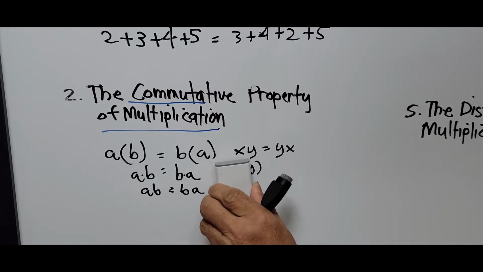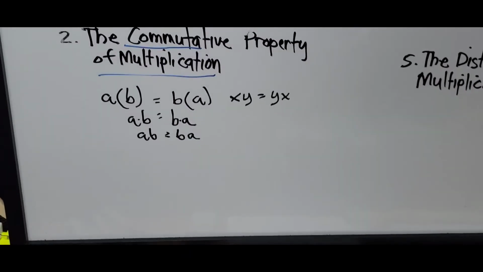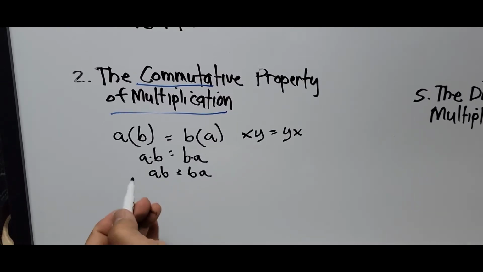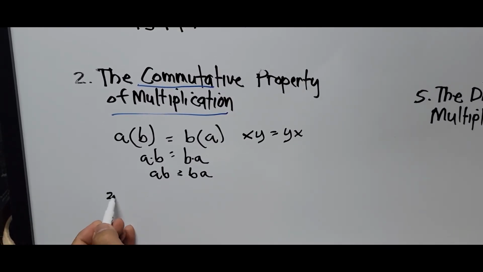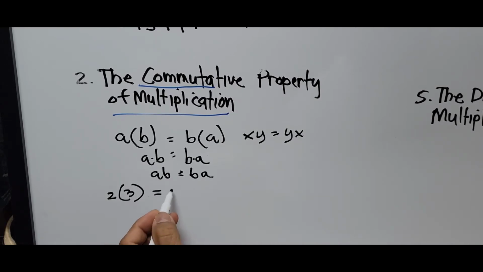Okay. And how about if we do it on numbers? So let's say that is 2 times 3 equals the same as 3 times 2. It's commutative. So that means they commute, they move places. So now 2 times 3, you see, this is exactly the same as 3 times 2.